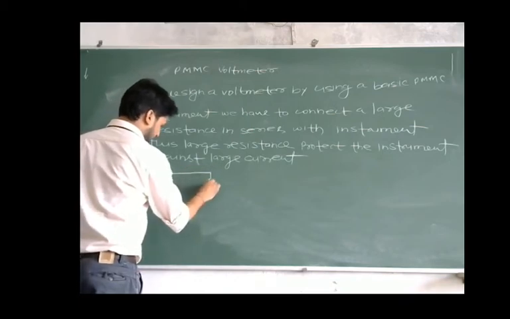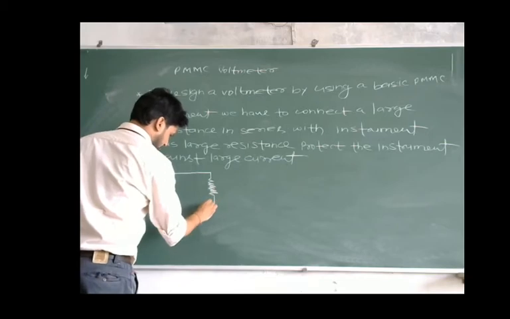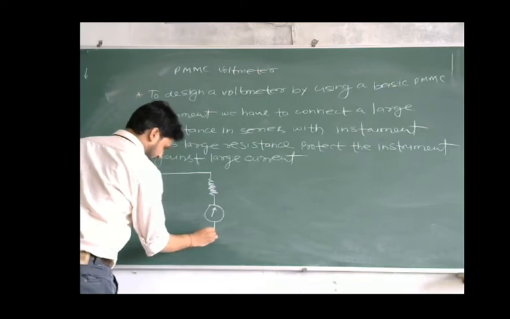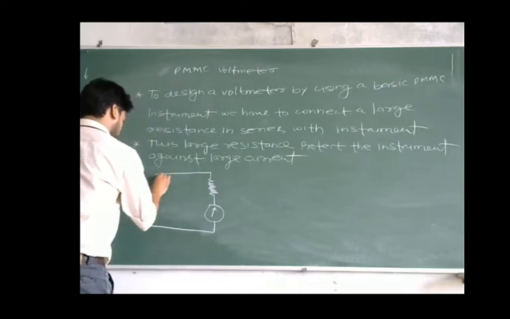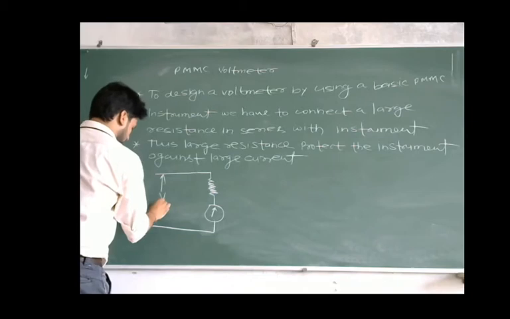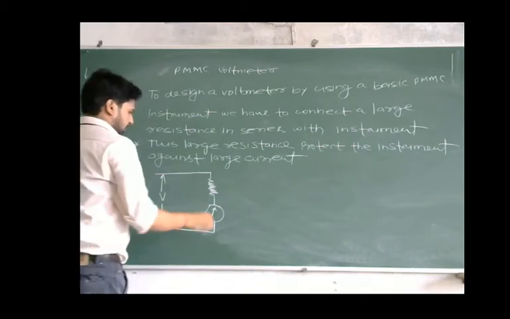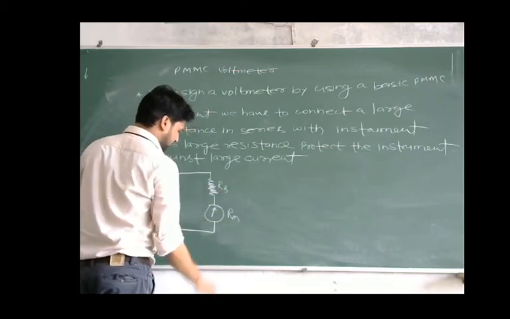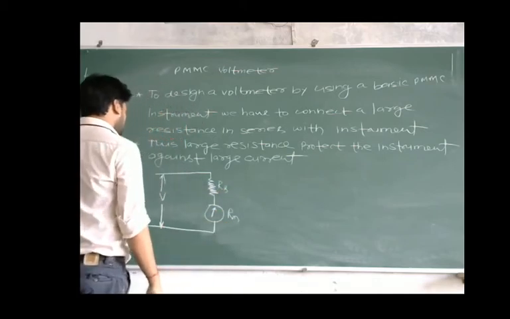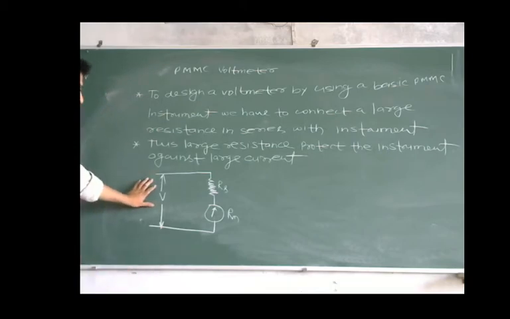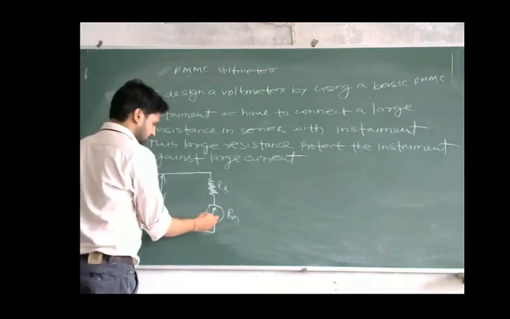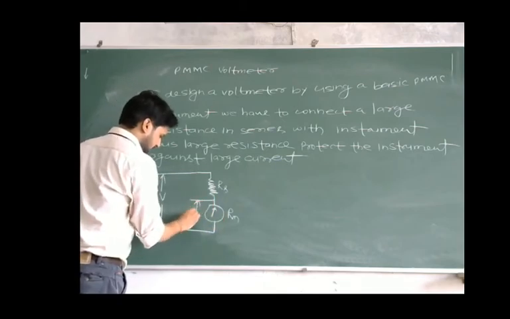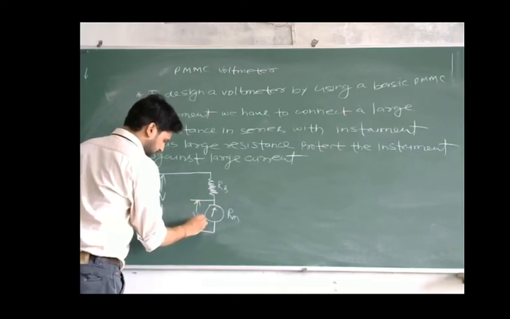A large value of resistance is connected in series with the instrument. The total voltage which has to be measured is capital V. This resistance is Rs. The resistance of the meter is Rm. The total voltage is V, and the voltage which appears across this instrument is Vm.